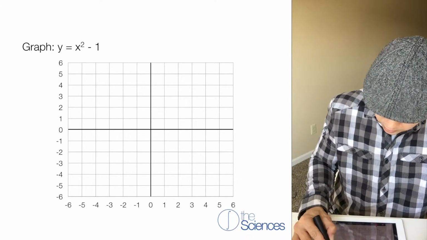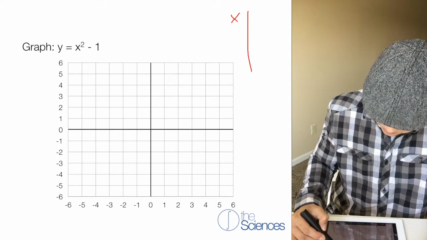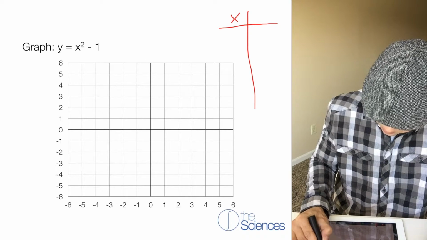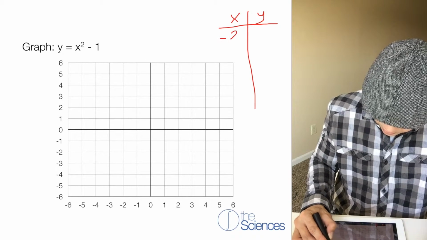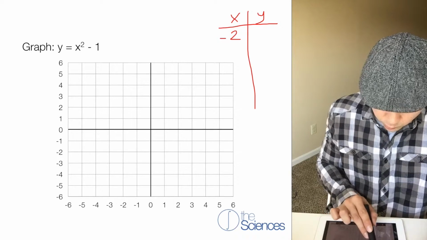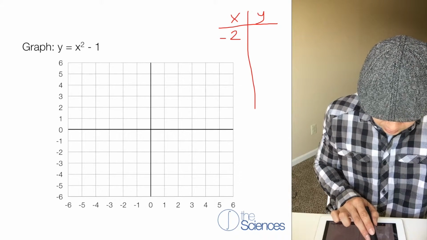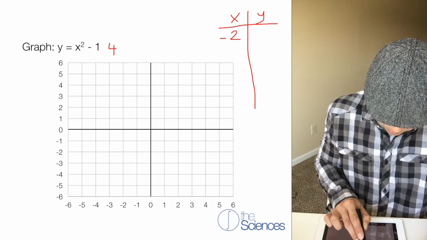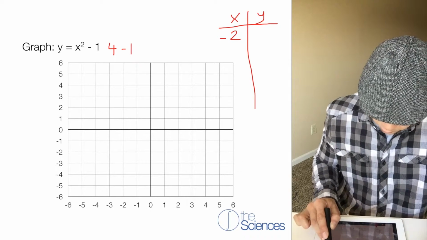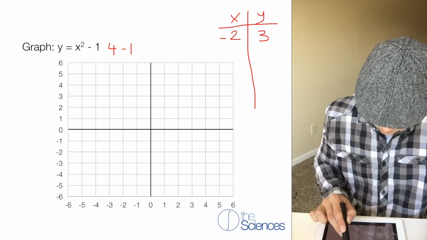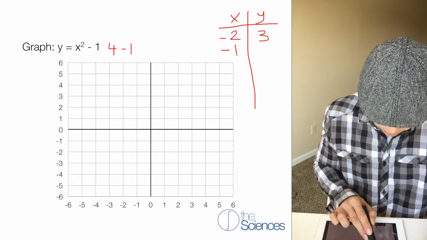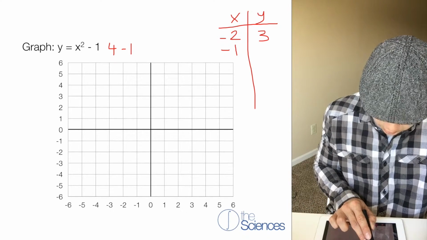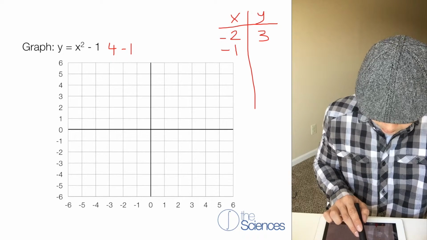So all we're going to do is find points. If x is negative 2, what would y be? If x is negative 2, we get 4 minus 1, which is 3. Now if x is negative 1, we have negative 1 squared, which is 1.